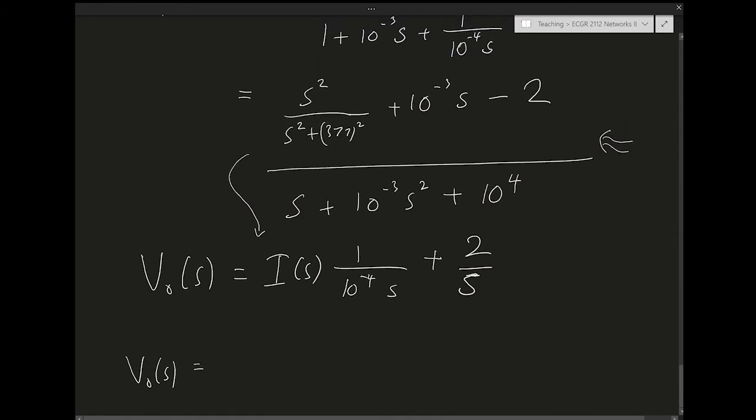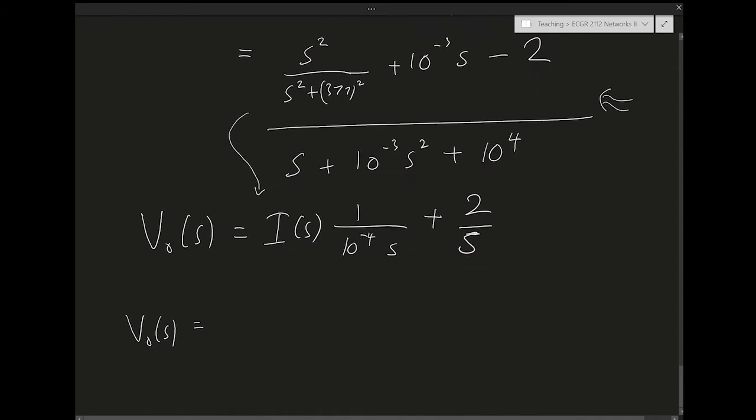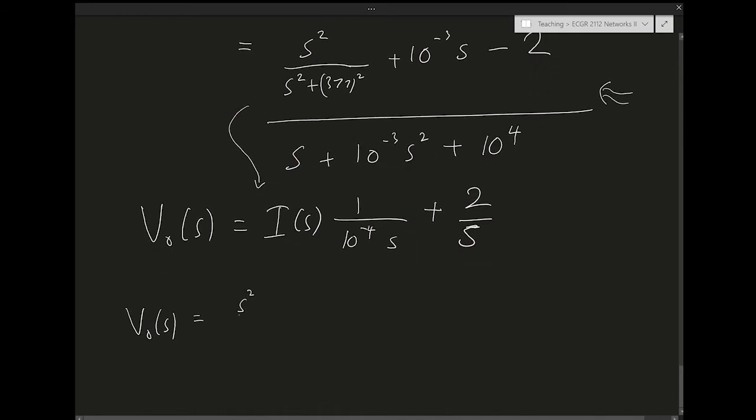We can do that. So this is going to be S squared over S squared plus 377 squared plus 10 to the minus 3 S minus 2 over S. Let me rearrange this.